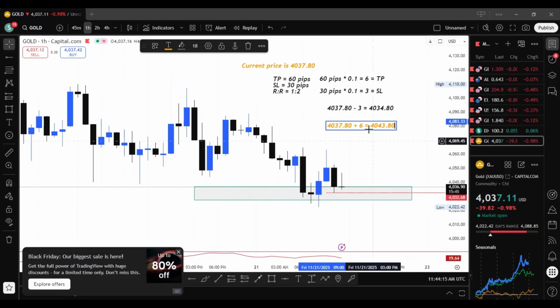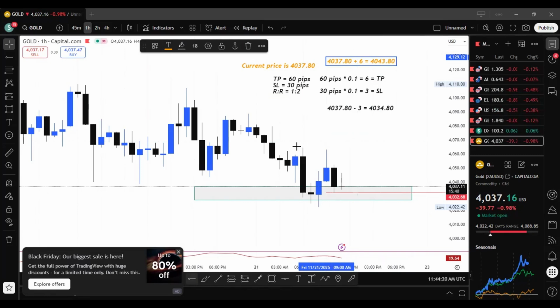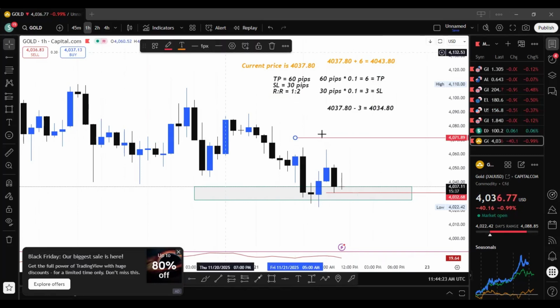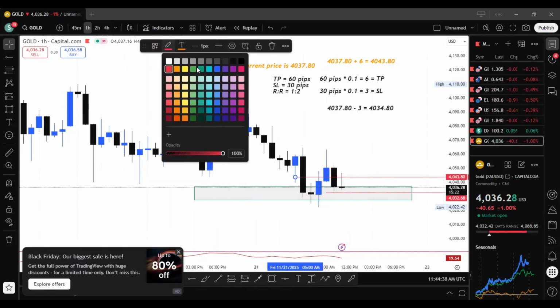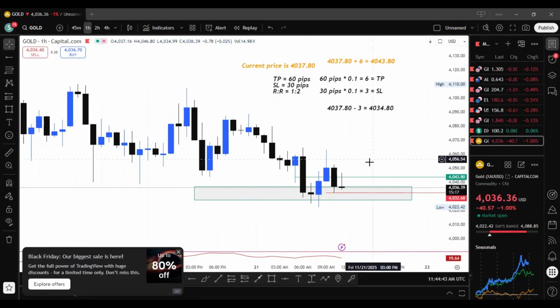So that will be our take profit. Let me use this 4043.80, very close. Then let me change the color to green to indicate this is the take profit. So this is basically how it looks.